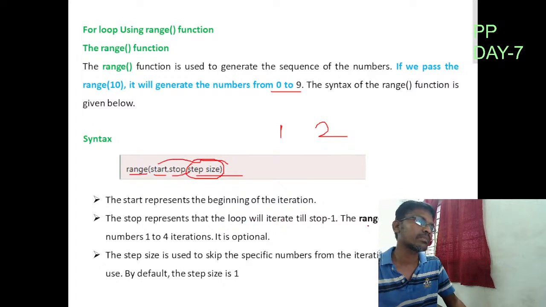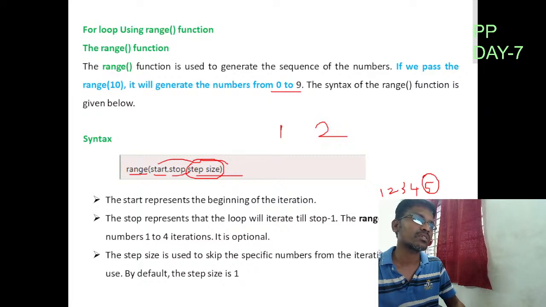So for example here, the range of 1 comma 5. What is the range of 1 comma 5? That means 1 is included and 5 is excluded. That means we have to include 1, 2, 3 and 4 only. So 5 will be excluded. So in Python, the start value will be included and the stop value will be excluded.